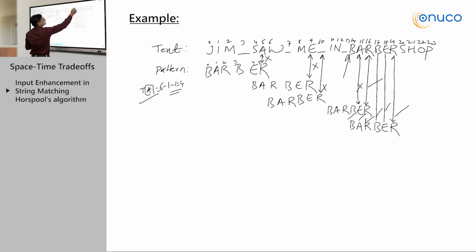Started here is 14. Right? So we are comparing from here. Either you can do 19 minus 6 plus 1 as your position. 19 is your last character of the text, compared with the rightmost character of the pattern. So 19 minus 6, the length of the pattern, plus 1. 19 minus 6 is 13, plus 1 is 14.